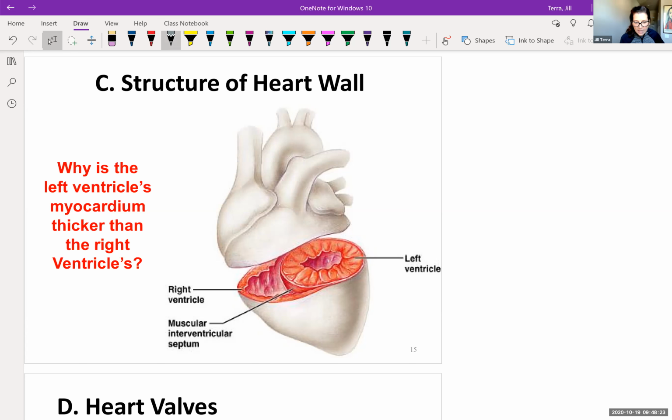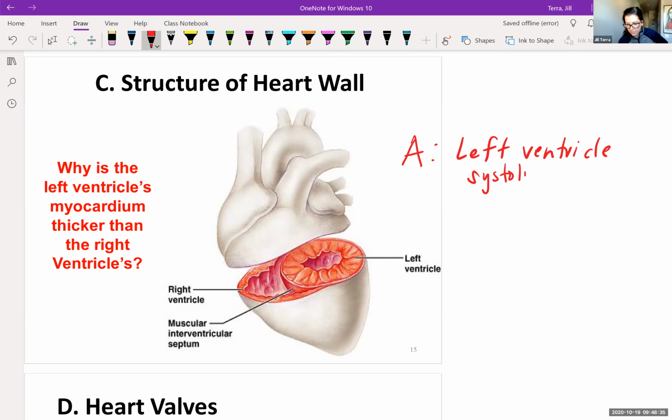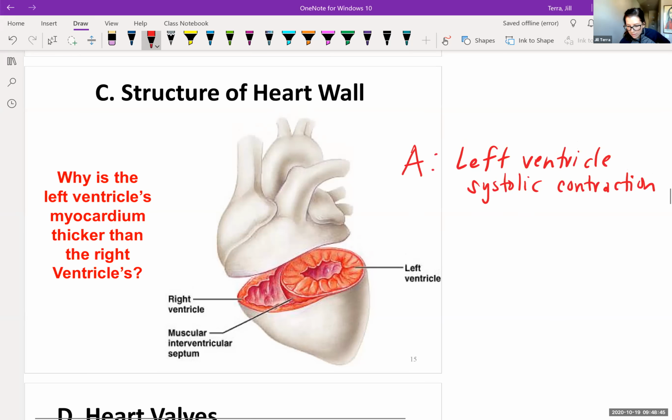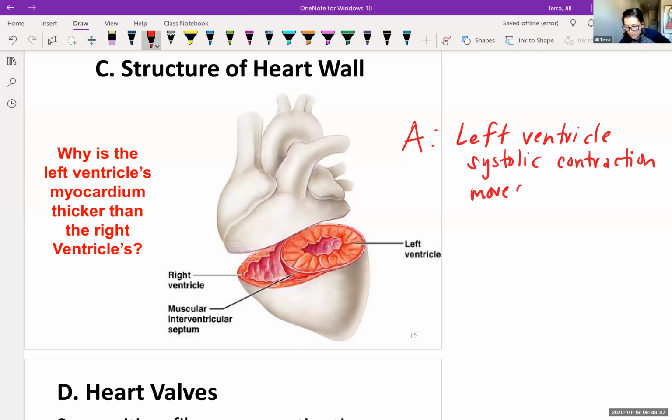The answer is because the left ventricle, when it's contracting, when it does systole, that contraction is pushing the blood into the systemic circuit, right, which is your whole entire body.